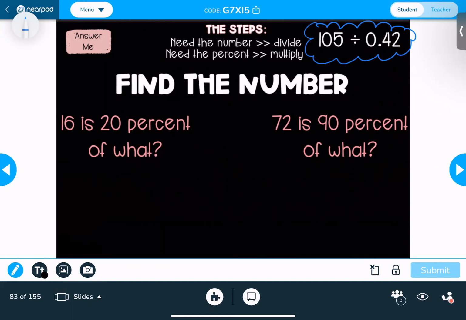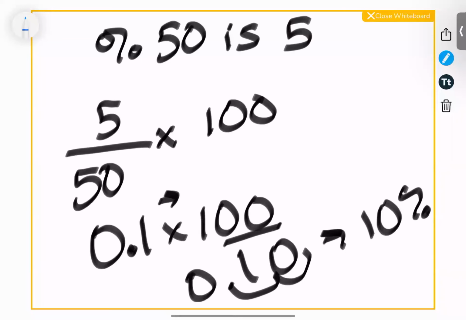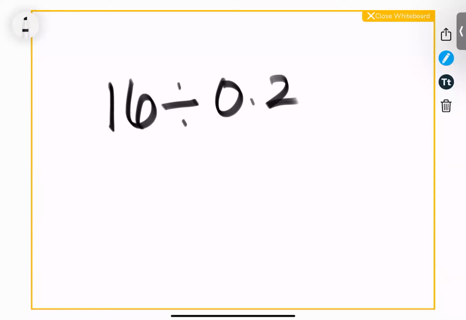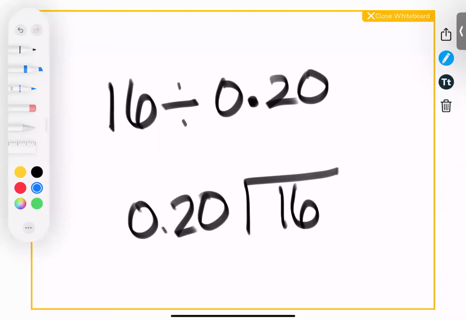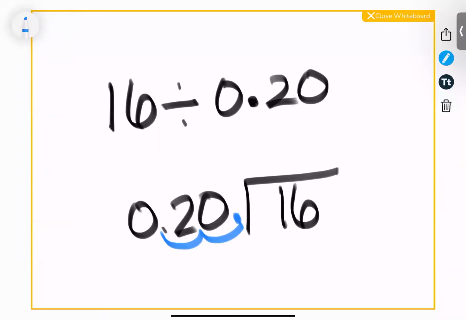All right, I'm going to go over this one. 16 is 20% of what? Write it out. 16 is 20% of what? Write your percent as a decimal, your number in front. When I set this up, it's 16 divided by 20%. I can't leave that decimal outside. 1, 2, 1, 2.